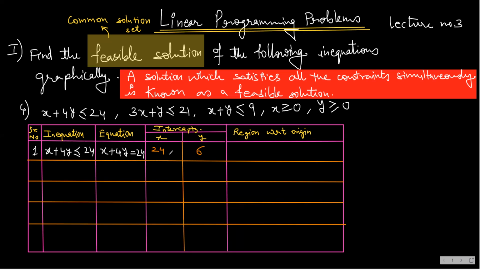We can have one more column here: point of intersection with x-axis and with y-axis.